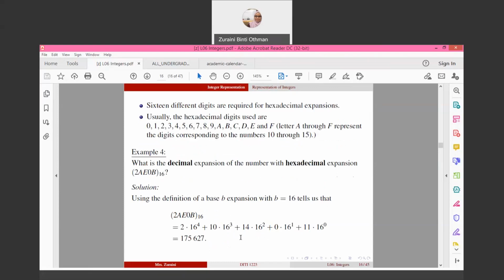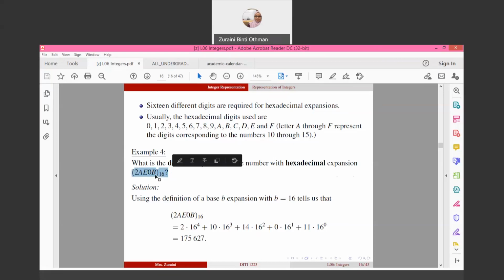Okay, so for base 16, different digits are required for hexadecimal. Okay, so we know that our digit consists from 0 until 9 only. But when we want to represent it until 16, we have to use letters A until F, which is A represents 10, B 11, C 12, D 13, E 14 and 15 for F. Okay, what is the decimal expansion for this hexadecimal expansion here?